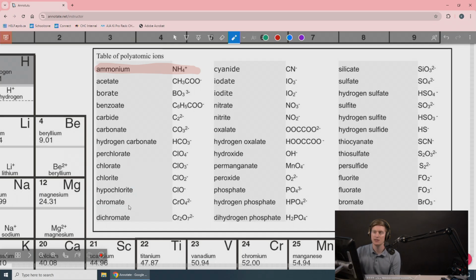There are still some that end in ide, like carbide, or cyanide, or hydroxide, or persulfide. Those ones you'll have to look out for. However, if you see a name for an ionic compound that ends in ate or ite, you can find that polyatomic ion in this table.